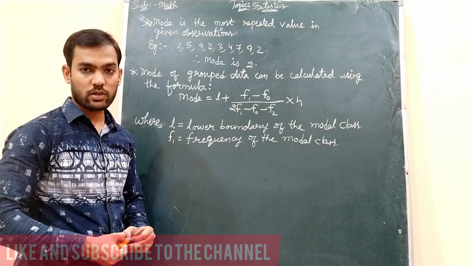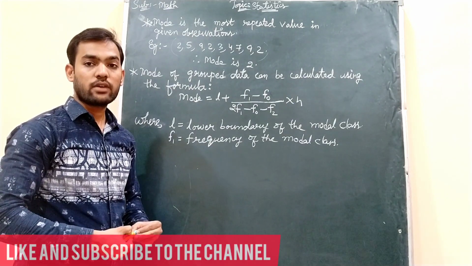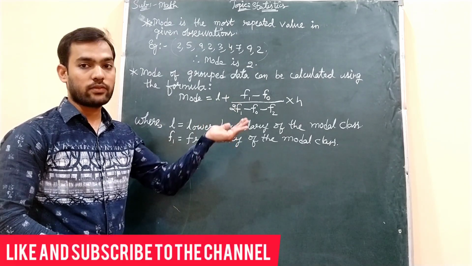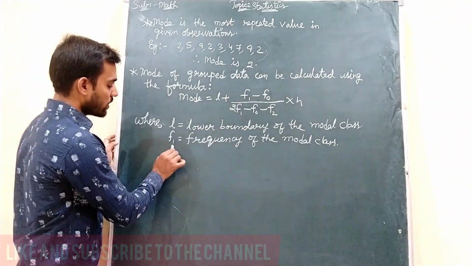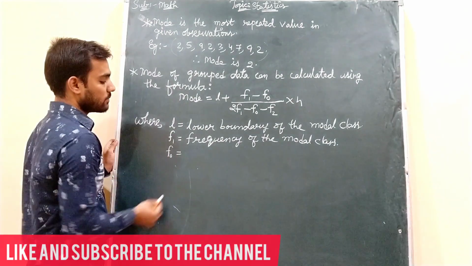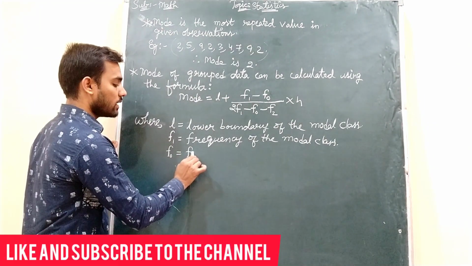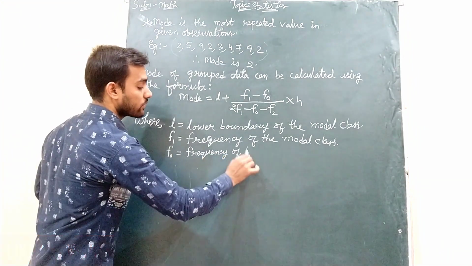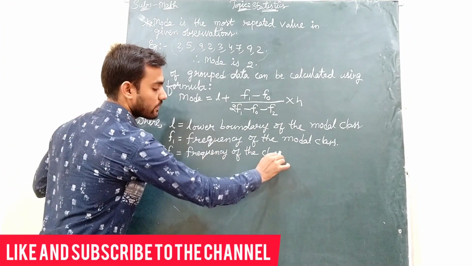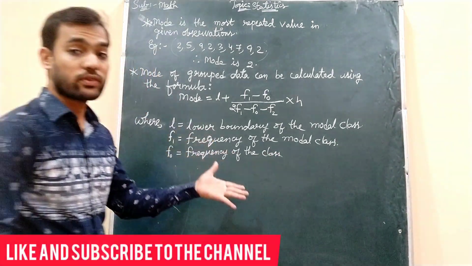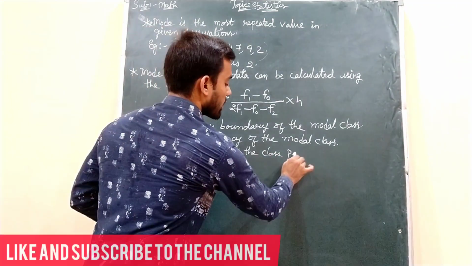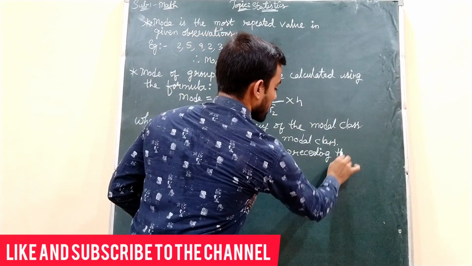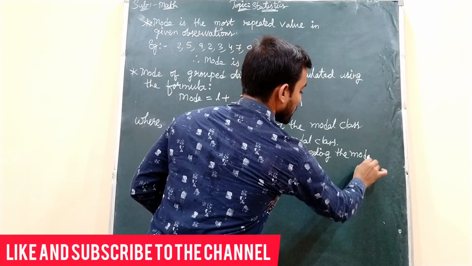L stands for the lower boundary of the modal class and F1 stands for the frequency of the modal class. Now you have 2 F's more, F0 and then F2. So F0 is also a frequency, but which frequency? This is the frequency of one class, which is the class preceding the modal class.